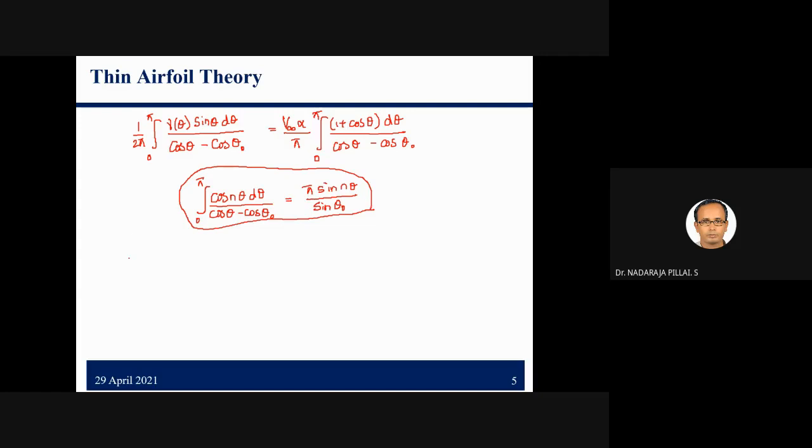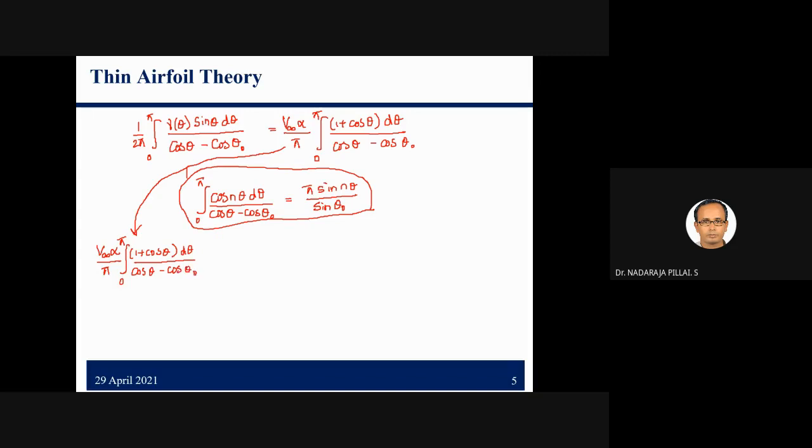So now this equation becomes V infinity alpha by pi integral 0 to pi (1 plus cos theta) d theta divided by cos theta minus cos theta naught.